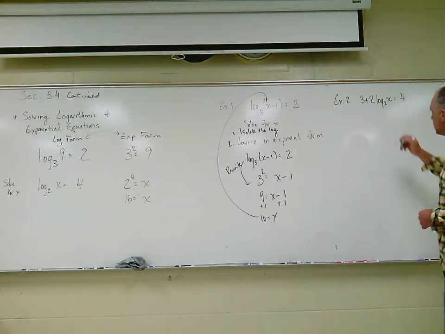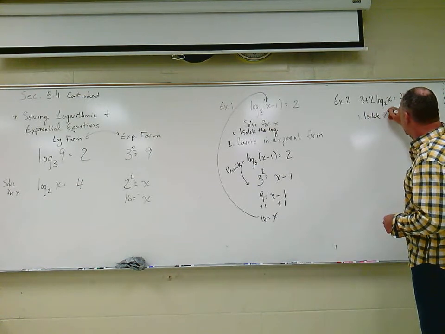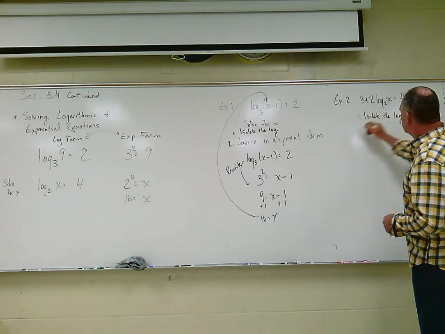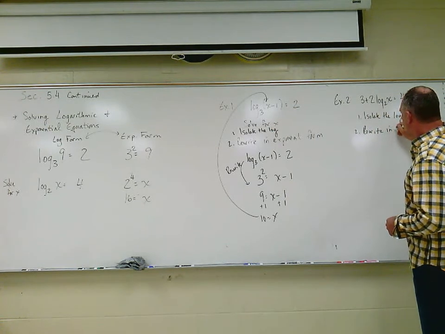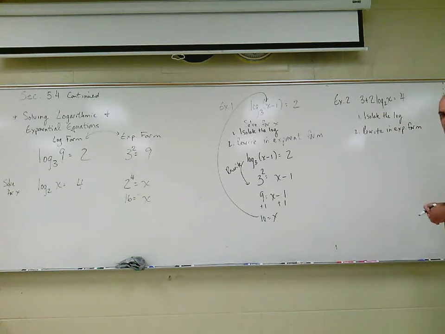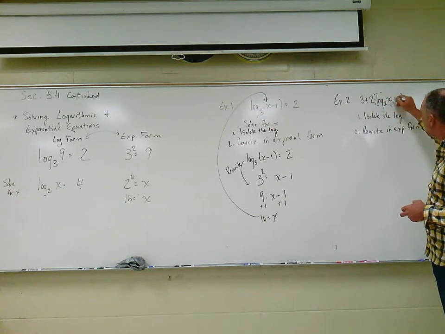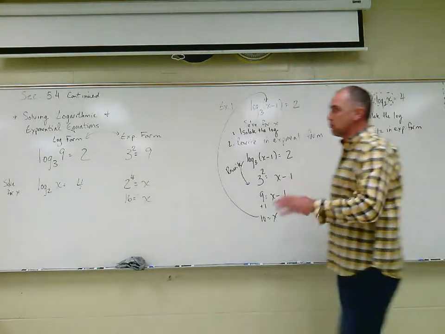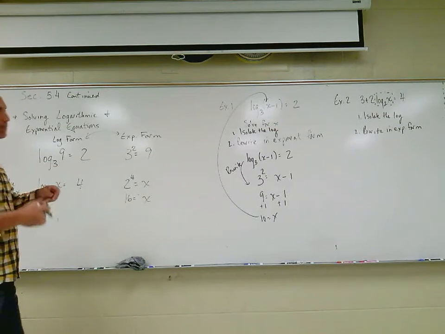So again, first step, isolate the log. Second step, rewrite in exponent form, and that should allow us to then solve it. Now I want to get this by itself, because eventually I want to have just a logarithm, so that I can rewrite.